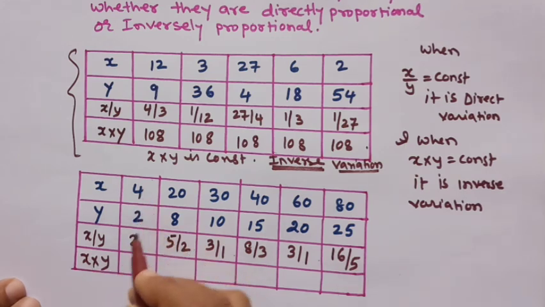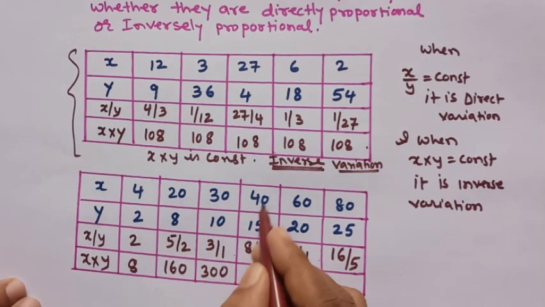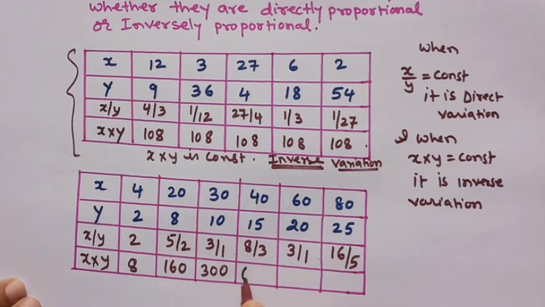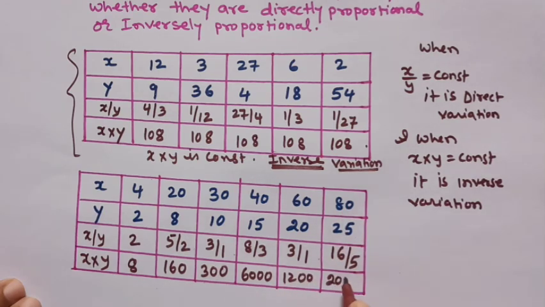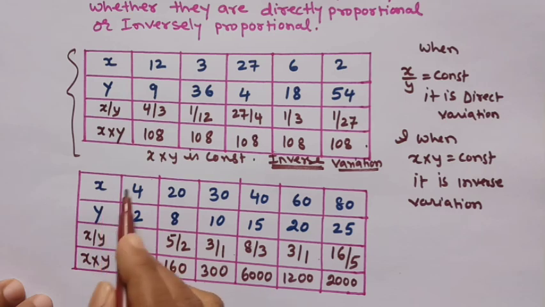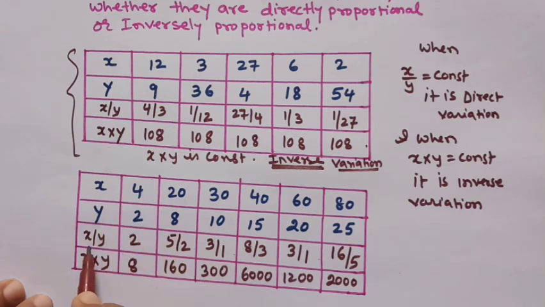Now x into y. 4 2s are 8, 20 into 8 is 160, 30 into 10 is 300, 15 into 40 is 600, 60 into 20 is 1200, 80 into 25 is 2000. So see here children, the corresponding values of x and y are neither following the rule of x by y nor x into y.